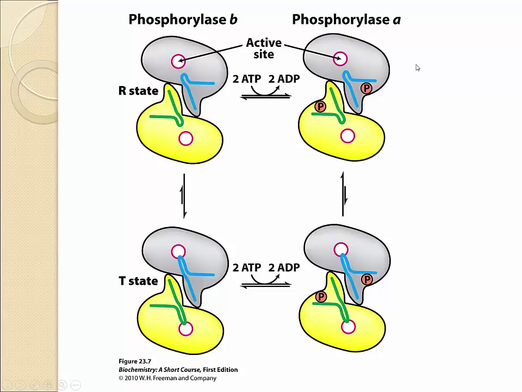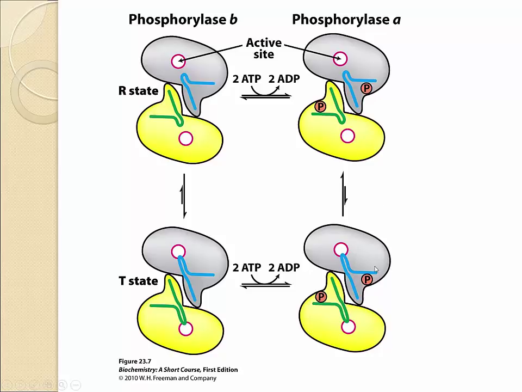Okay, so phosphorylated phosphorylase is called phosphorylase A. Non-phosphorylated phosphorylase is called phosphorylase B. So if you look carefully, you will see there are equilibrium arrows, one here in the phosphorylase B column and one here in the phosphorylase A column.